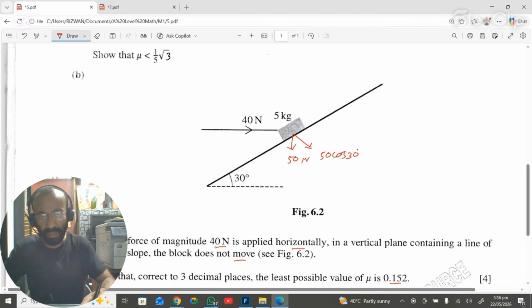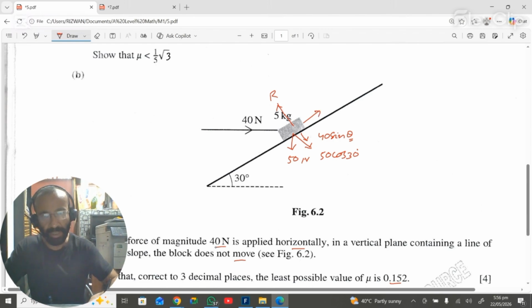Here will be the direction perpendicular to the plane upward, that will be the direction of the reaction. And in the same direction, perpendicular to the plane, will be 40 sine 30, and theta is 30 degrees.